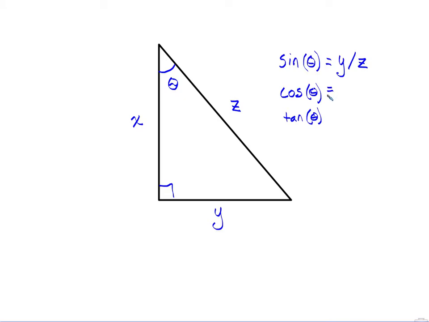Chris, cosine of theta. Would that be y over z? Mm-mm. So our angle has changed now. Our angle is up here. So what's the side right next to it, adjacent? X over z. Yeah, there it is, x over z. And finally, tangent. Anyone? Y over x. Y over x.